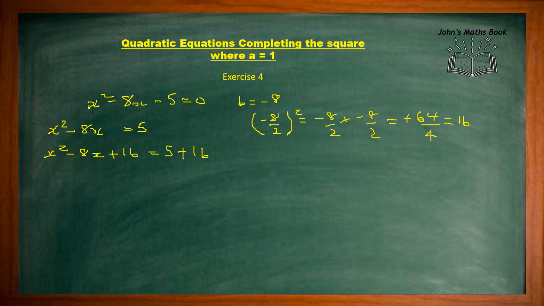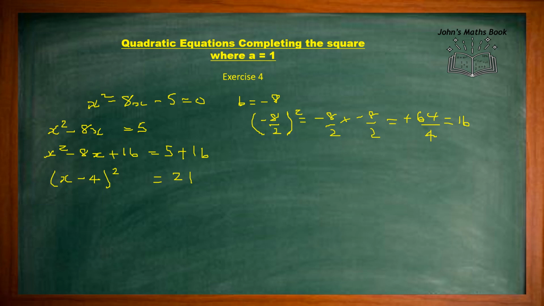So the left-hand side is now a perfect square trinomial. So we can factorize the left-hand side to give x, and then half the b value. So the b value in this case is minus 8, so half of minus 8 is minus 4. That becomes all squared, is equal to 5 plus 16 is 21.